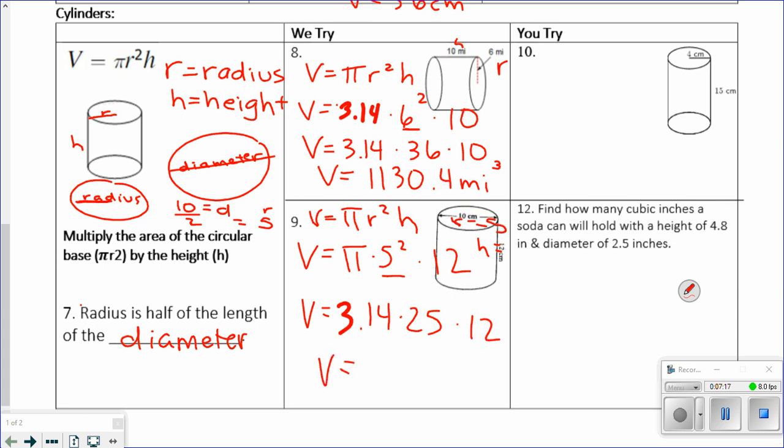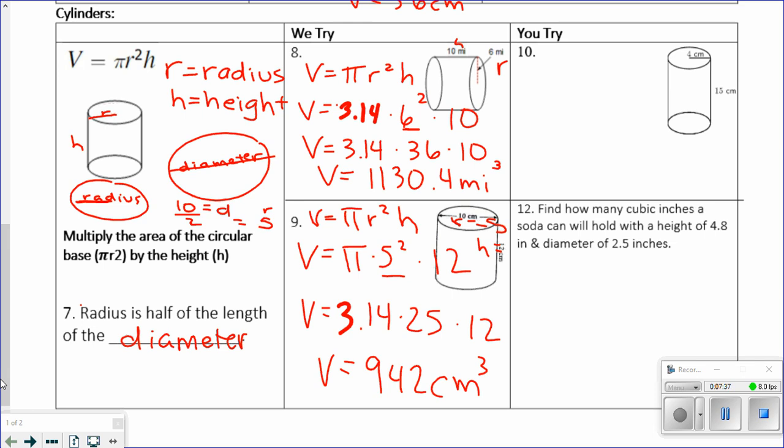Go ahead and take a second to multiply all of that together and see what you get for your volume of a cylinder. You should get 942 centimeters cubed. Okay, not too bad.